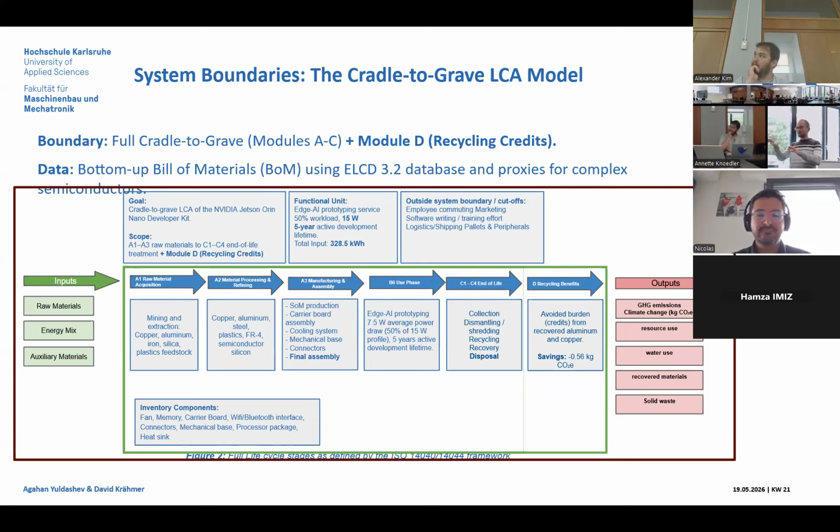We excluded packaging from the LCA. We start on the left side with the inputs, then the phases A1 to C4, and then on the right side we can see the outputs. We use the LCA database ecoinvent in OpenLCA to model.